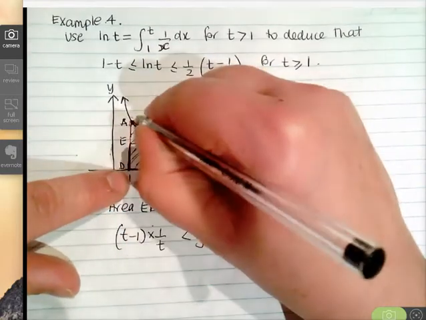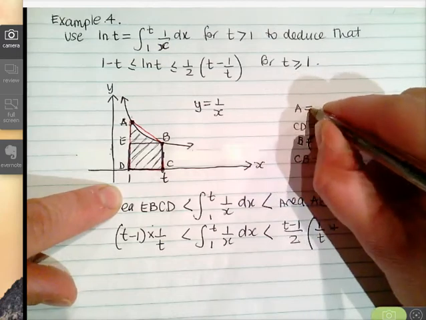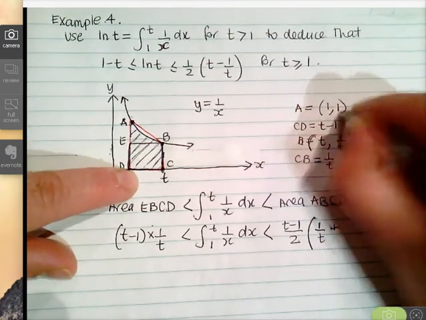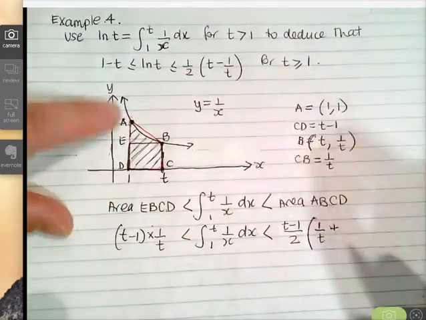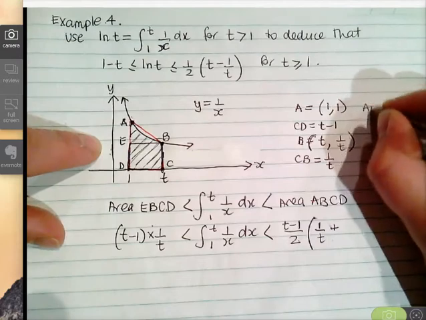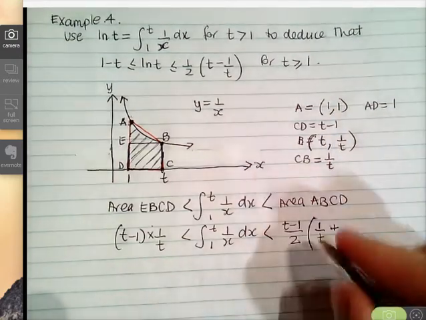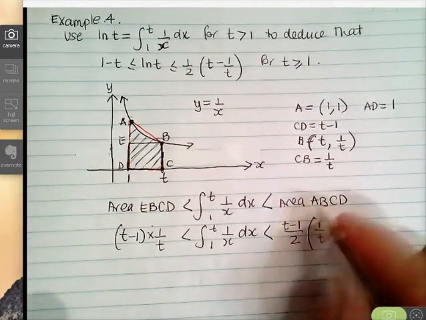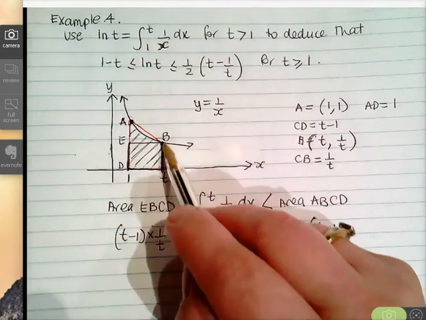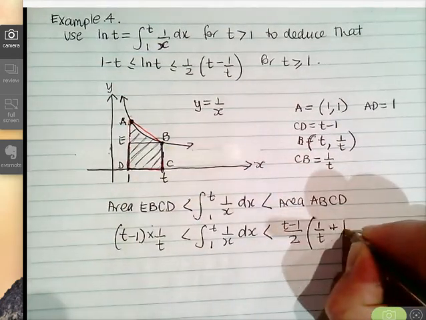The coordinates of point A are 1 and 1 on 1, which is 1. So the length AD is just 1 unit. Therefore the area of the trapezium is t minus 1 on 2 times BC plus AD, which is 1 on t plus 1.